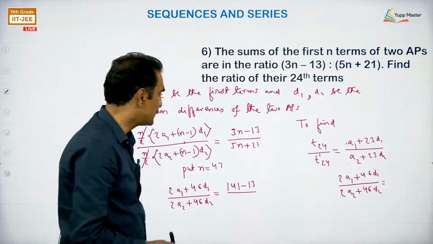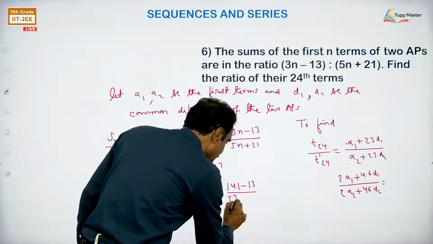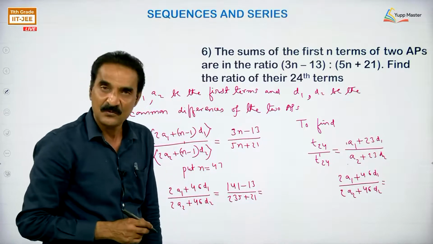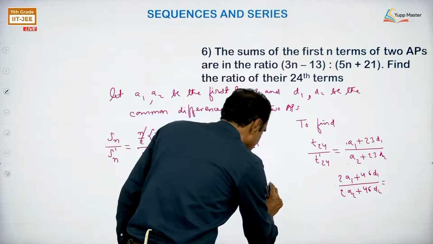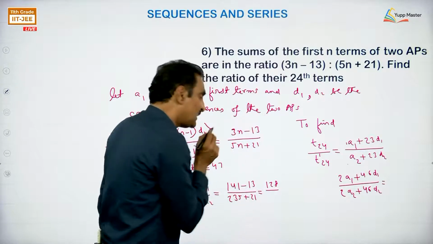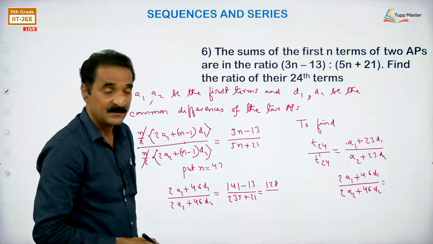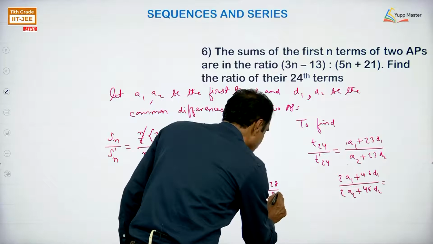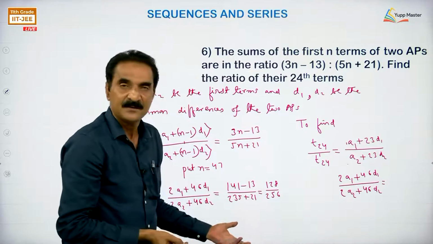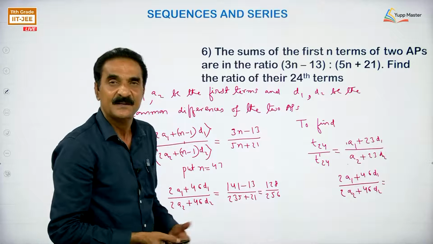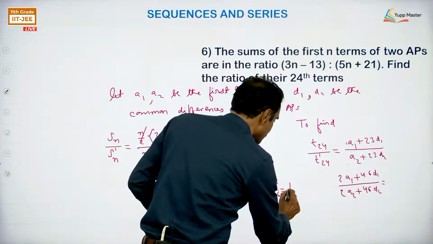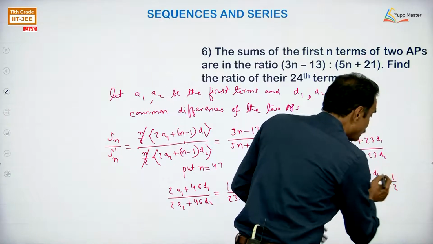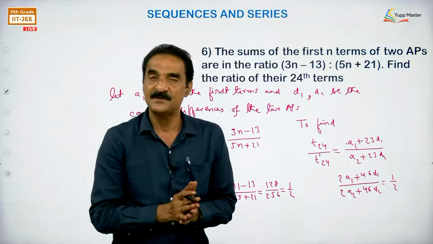If you calculate, you will get 235 plus 21. 141 minus 13 is 128 upon 235 plus 21 is 256. Then 128 divided by 256, it is 1 by 2. So the ratio of 24th terms is 1 by 2, means 1 is to 2. 24th terms are in the ratio 1 is to 2.